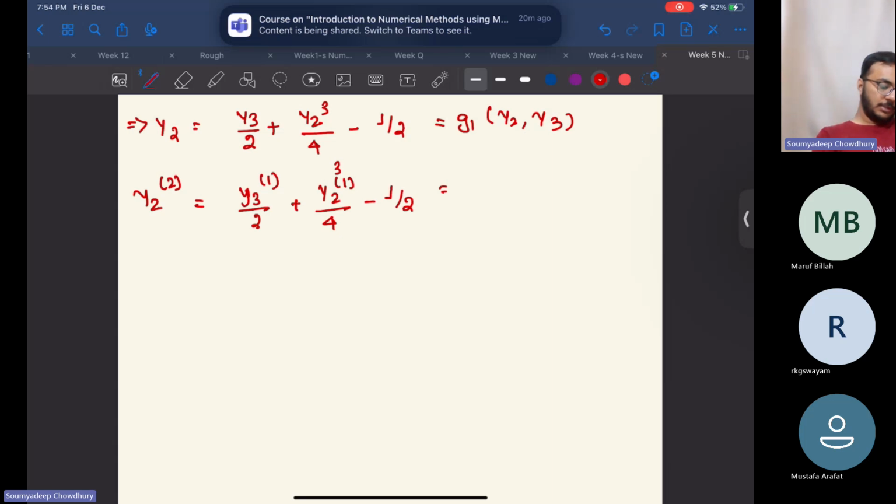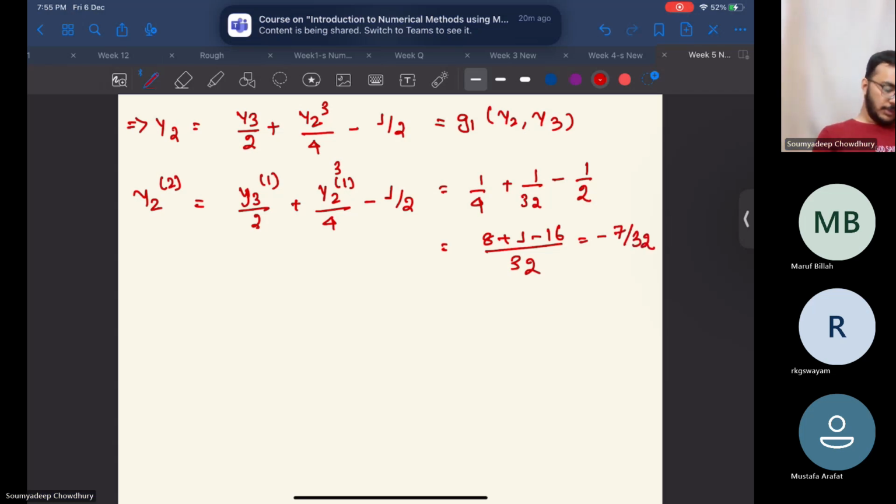So it is 1 by 4 plus 1 by 32 minus 1 by 2, which is 8 plus 1 minus 16 over 32, so it is basically minus 7 by 32.